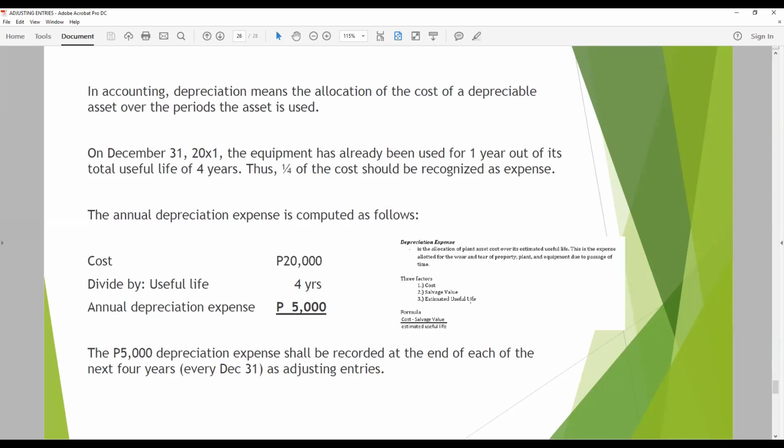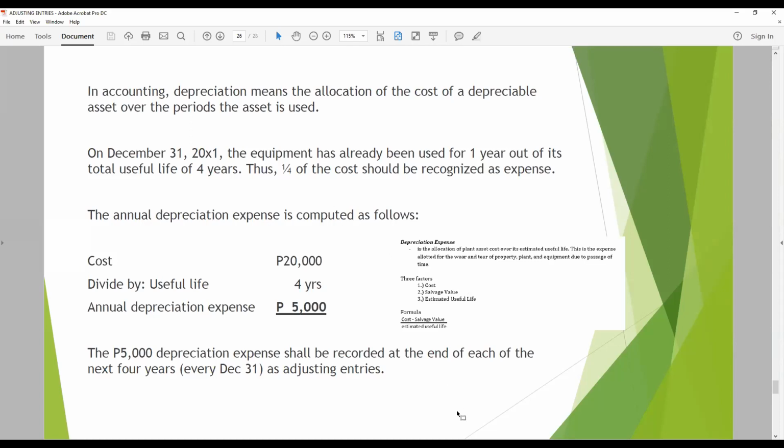So sometimes at the end of the useful life of an asset, you will be able to sell that asset for an amount. Like for example, this equipment, meron siyang salvage value of 1,000 pesos or 2,000 pesos. Mabebenta nyo pa siya as scrap. Scrap value, salvage value, same lang yan.